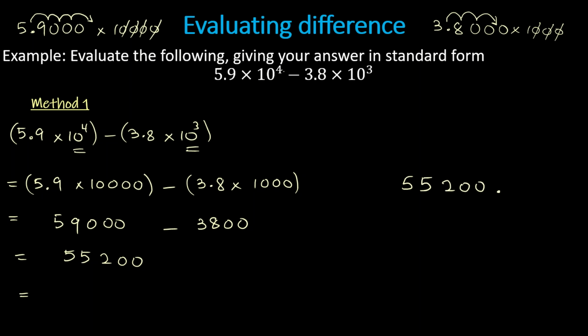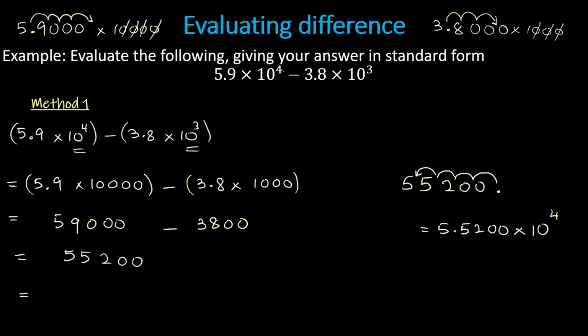The decimal is here. We move the decimal until we reach a number between 1 and 10. 1 decimal place, 2 decimal places, 3 decimal places, 4 decimal places. So it's 5.5200 times 10 to the power of 4, right?